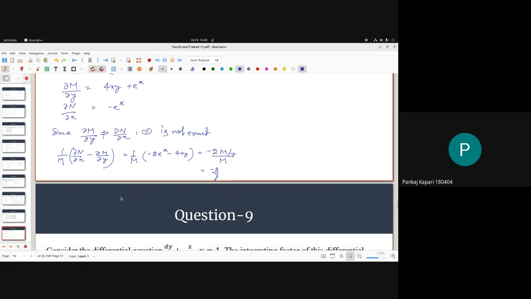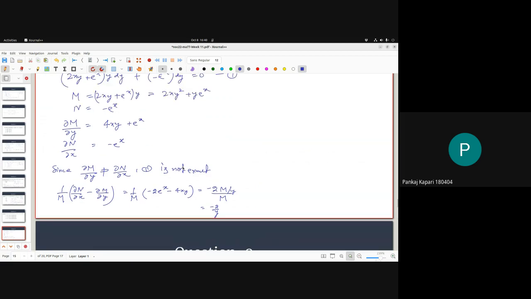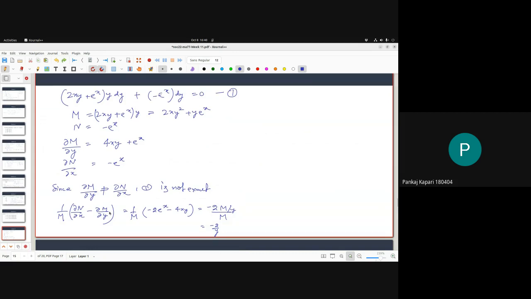Okay, so because this quantity is independent of x, the integrating factor can be found out by e to the power integral of minus 2 over y dy.